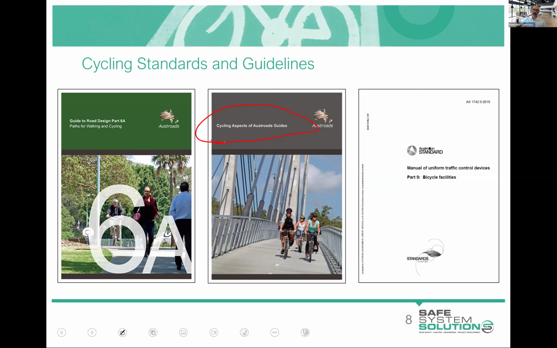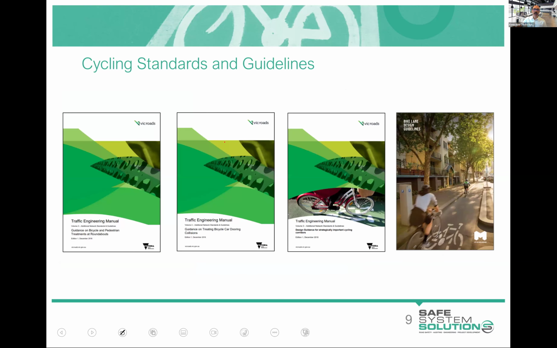There's the Australian Standard, so 1742, Part 9, which is bicycle facilities. And then jurisdictions have a lot of different supplements. I popped on there some of the Victorian supplements, the Traffic Engineering Manual, for some specific topics, treating dooring areas, bicycles and roundabouts, strategic cycling corridors.